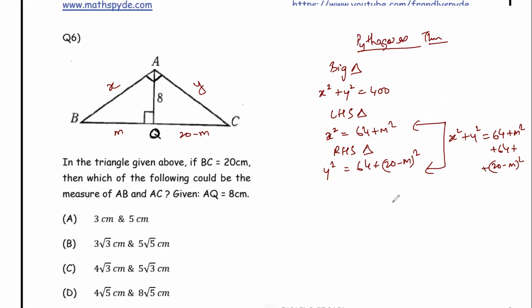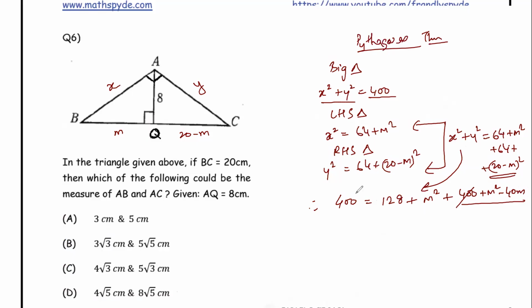Okay. Now x square plus y square we know is 400. So therefore 400 is equal to 64 plus 64, which is 128, plus m square plus 400 plus m square minus 40m. This is the expansion of a minus b the whole square.